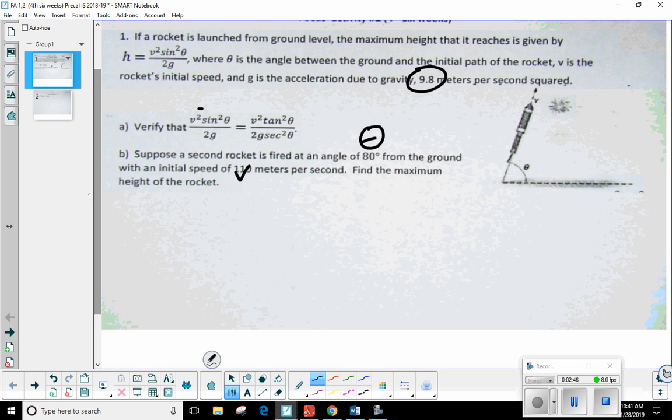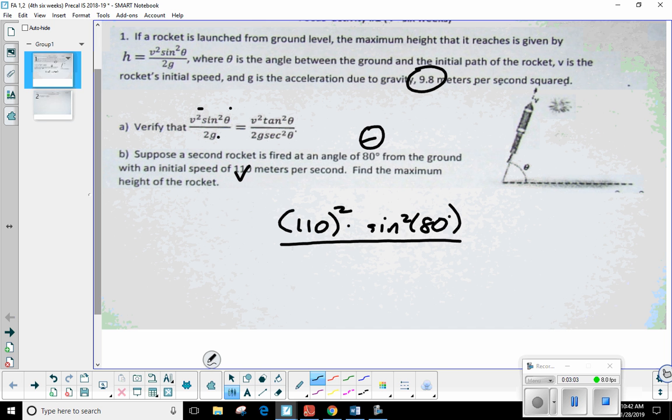So really it just comes down to a formula where you're going to plug everything in. The height would be the squared initial speed, so 110 squared, times sine squared of 80 degrees, all divided by 2g, 2 times 9.8.